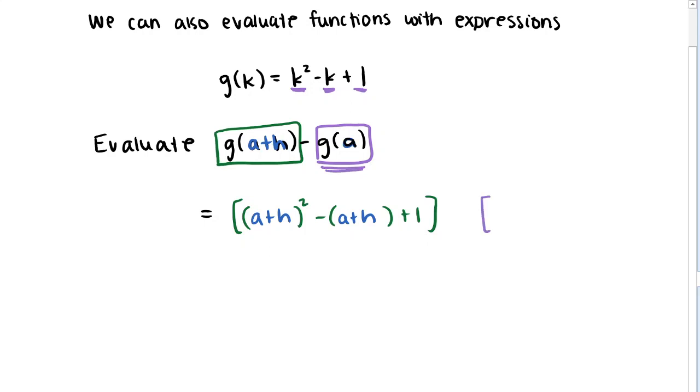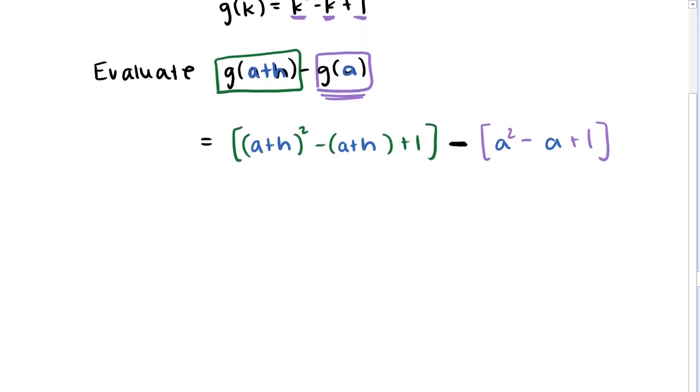So we're going to square a, subtract away that input of a, and then add 1. That's the purple part in our expression. And then we're going to subtract these results from one another.